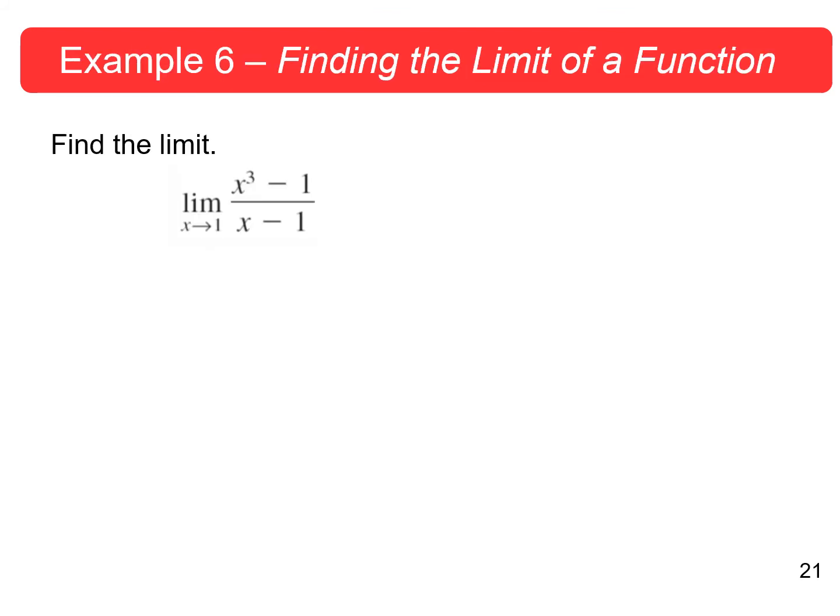Now that theorem can help us evaluate limits of functions like this. If I evaluate this function at x equals 1 using the direct substitution method, I would get a 0 in the denominator.